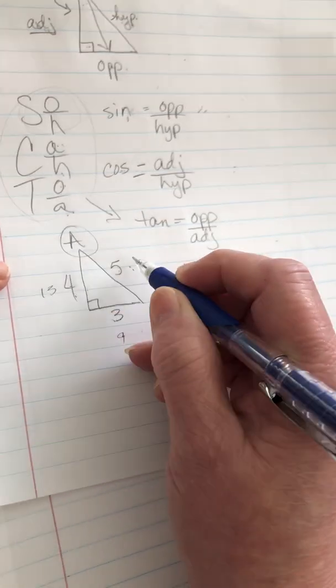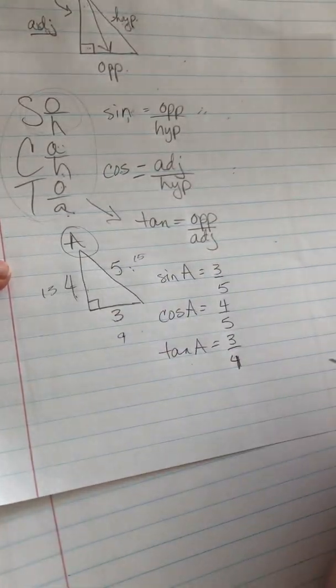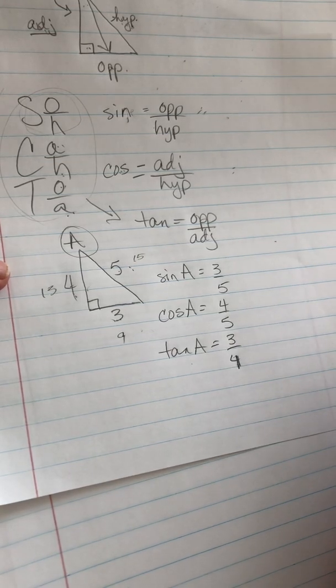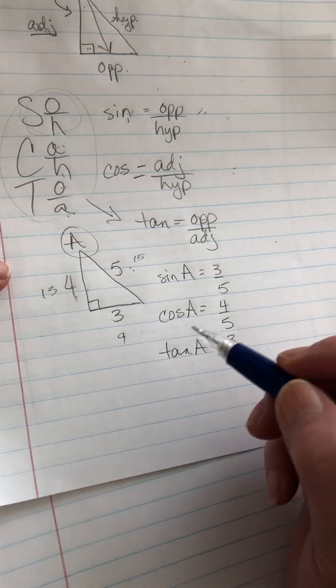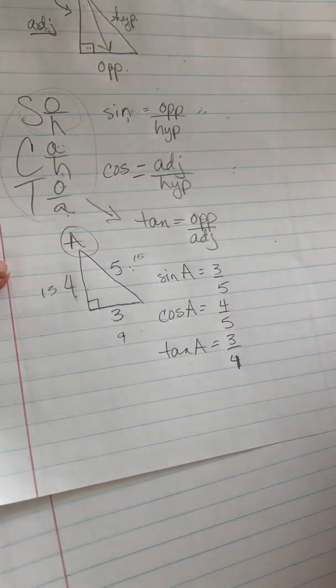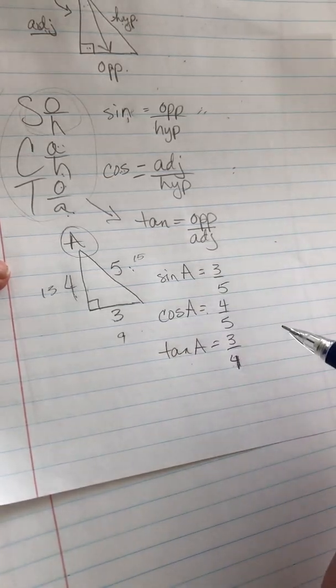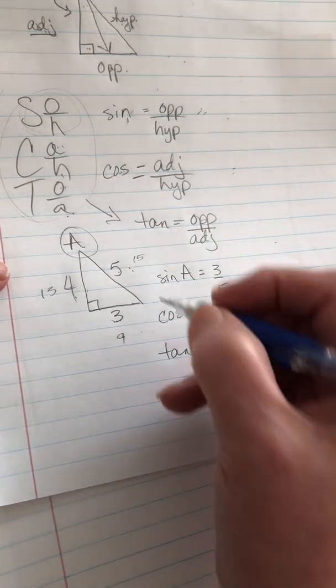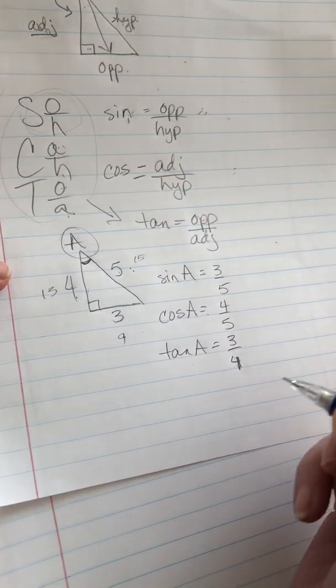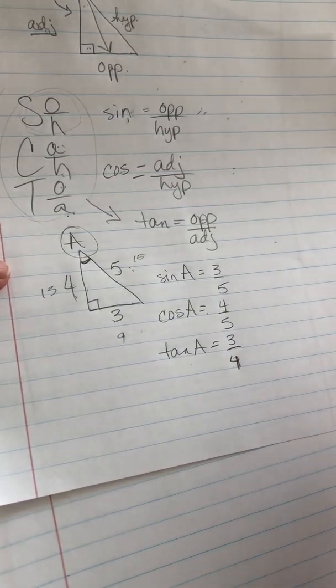They're similar triangles. The ratios of corresponding sides would be congruent. It's the same triangle. The sides are just 3 times as big. Notice, sine, cosine, and tangent are the same thing, just like angle A in both triangles would have to be the same.